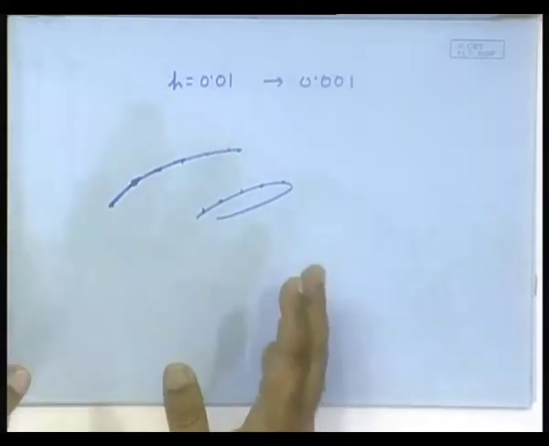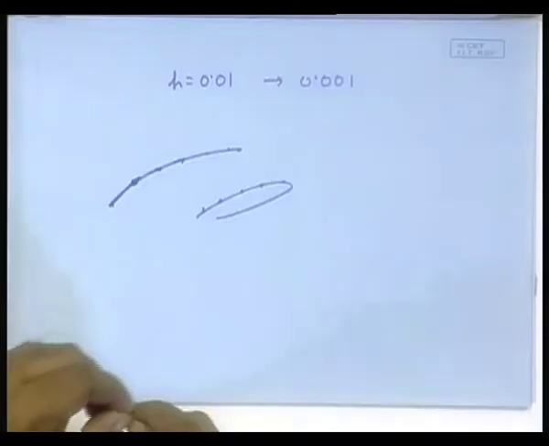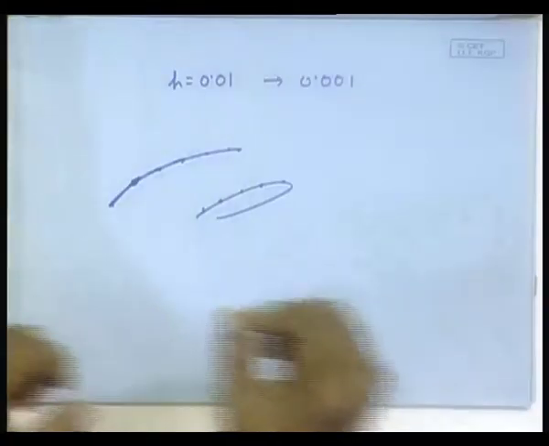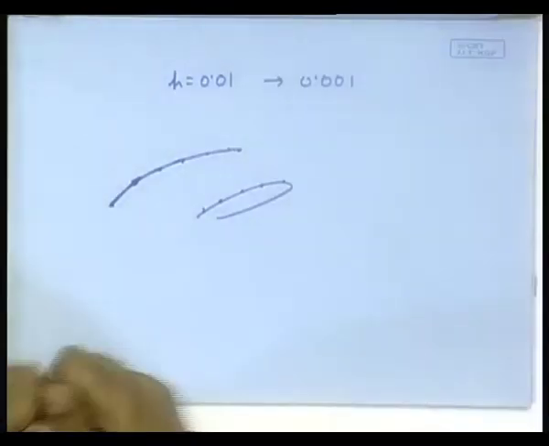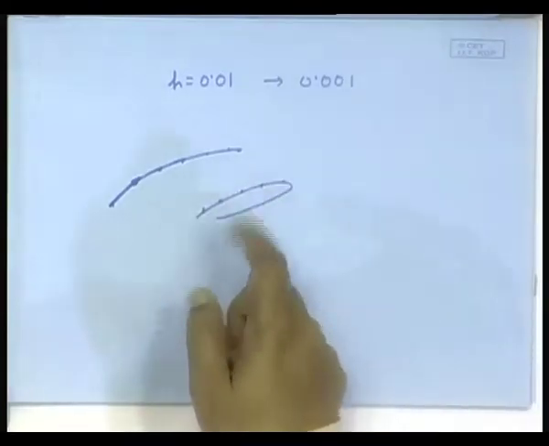And that is why most of the modern programs for the Runge-Kutta solution incorporate some kind of a variable step size routine. The variable step size routine is where, depending on the character of the solution, you vary the step size. Where it is going smoothly in a more or less linear fashion, you make it large, so that it calculates faster. But wherever it is something like this, you make it small.